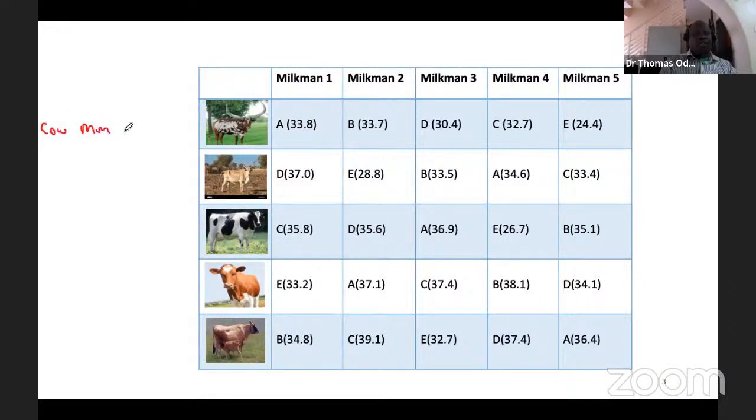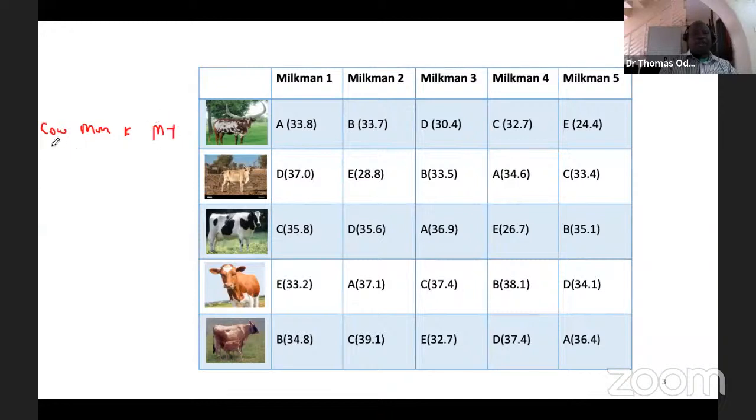And then we have our treatment, which is our feed, let's call it F. And then we have our milk yield. Remember, the milk yield is our variable that we are interested in.